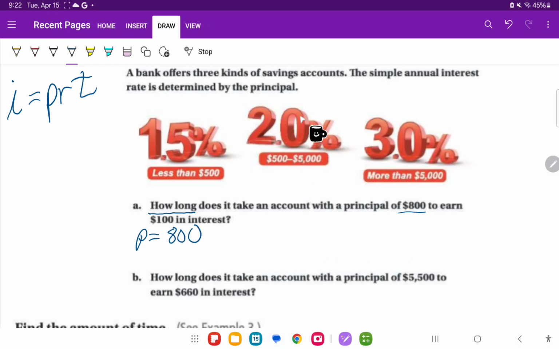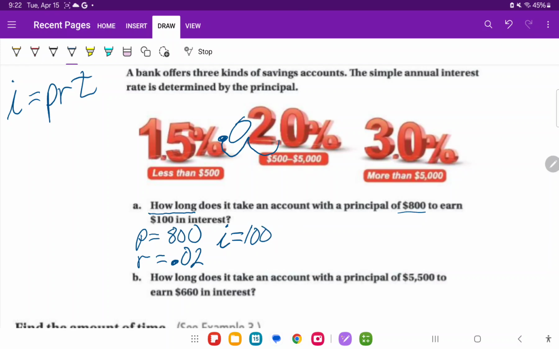So $800 we put in this category. So my rate is, if I move the decimal, 1, 2, that's 0.02 for my rate. Now, I don't know the time, that's what we're trying to figure out, but I do know the interest. How long does it take to earn $100 in interest?